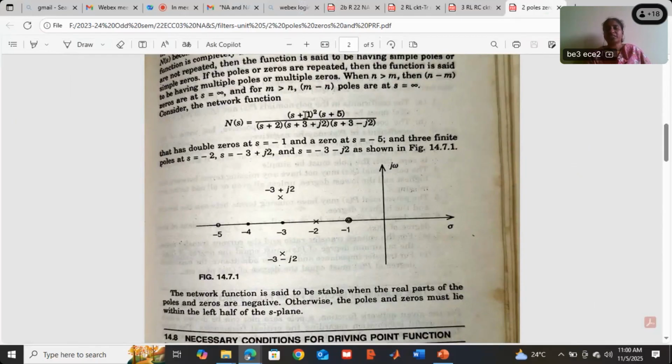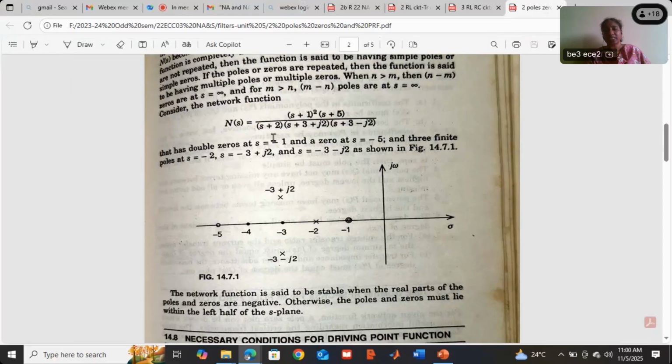S is nothing but -1 and -5. So at -1 you put it 2 times. Zeros mean you have to put a circle. The denominator will give poles, and poles mean you put a cross mark. So at -1, 2 circles, and at -5 one circle.